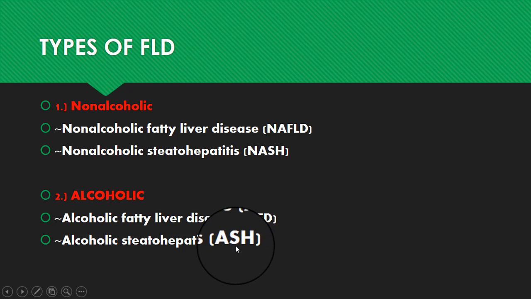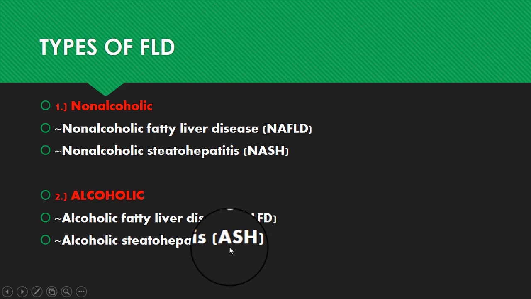If you have excess fat in your liver and your liver is inflamed and you drink a lot of alcohol, your doctor may diagnose you with ASH, that is alcoholic steatohepatitis. Steato simply means fat. Excessive accumulation of fat in your liver is called alcoholic steatohepatitis.